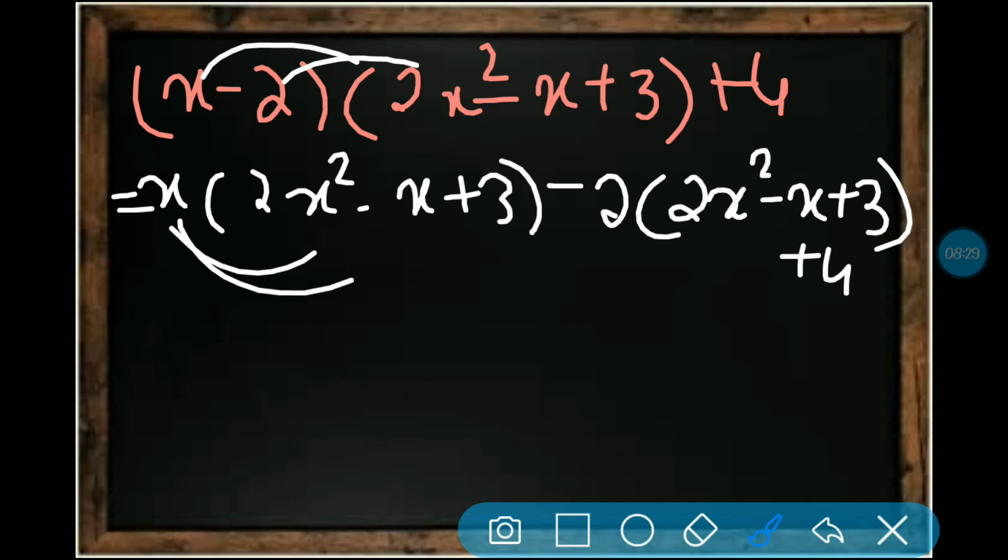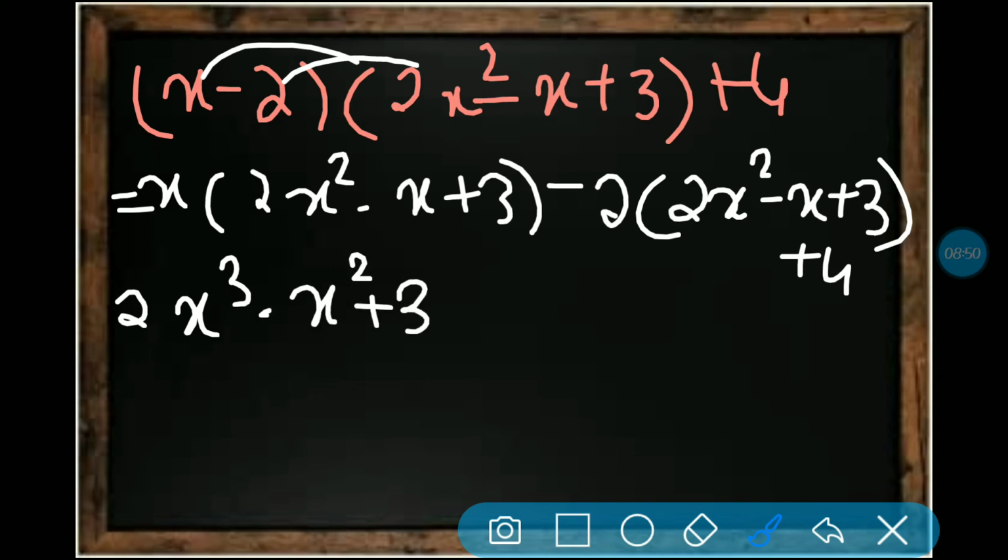Now we will multiply the same way. x into 2x square is 2x cube, sorry, by mistake. 2x cube minus x into x is x square, plus 3 into x is 3x.